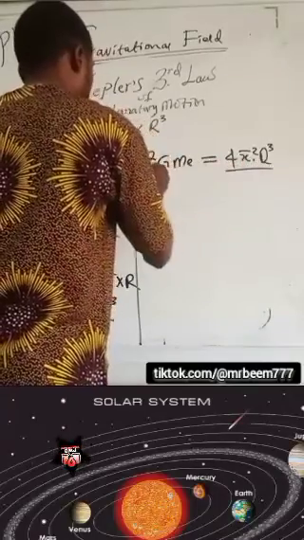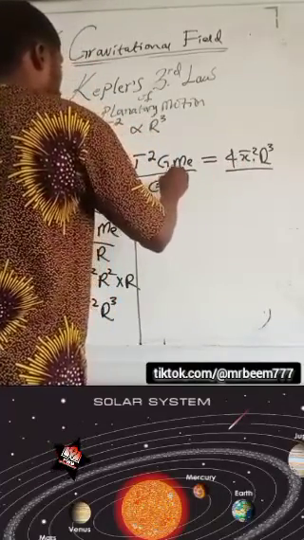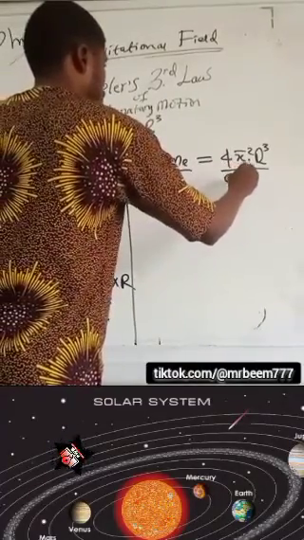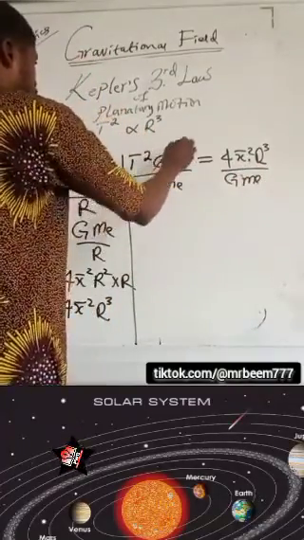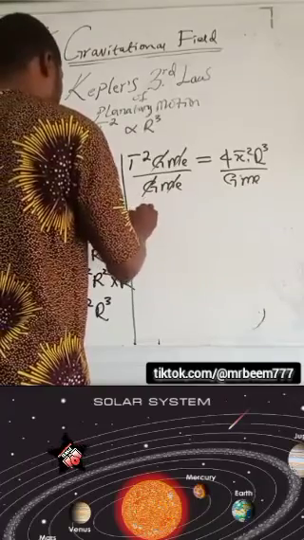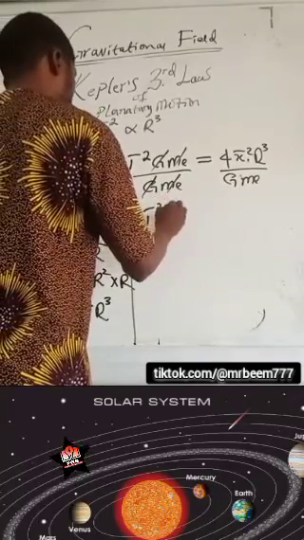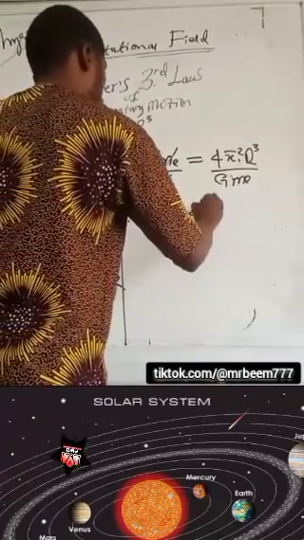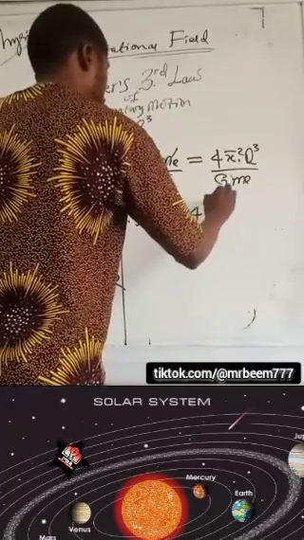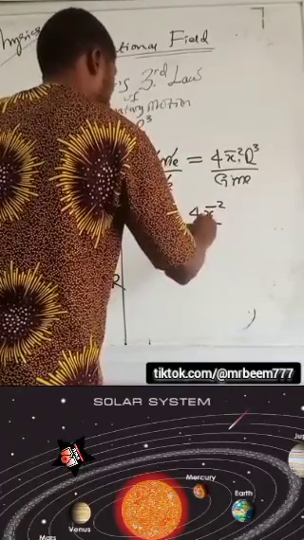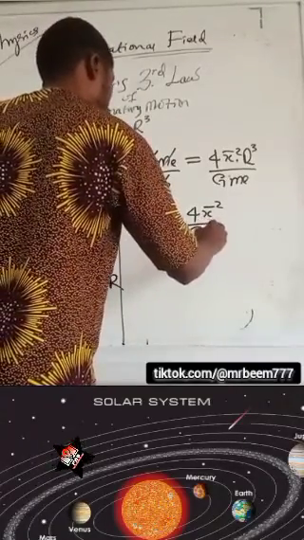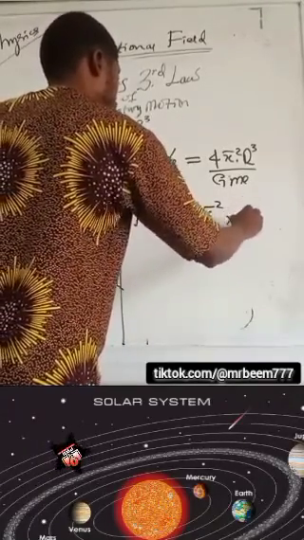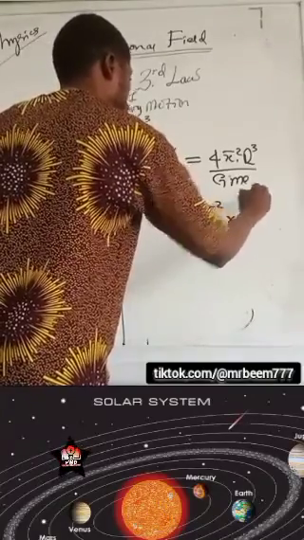So we divide both sides by G M E. This will cancel this. Therefore, T squared is equal to 4 pi squared divided by G M E times r cube.